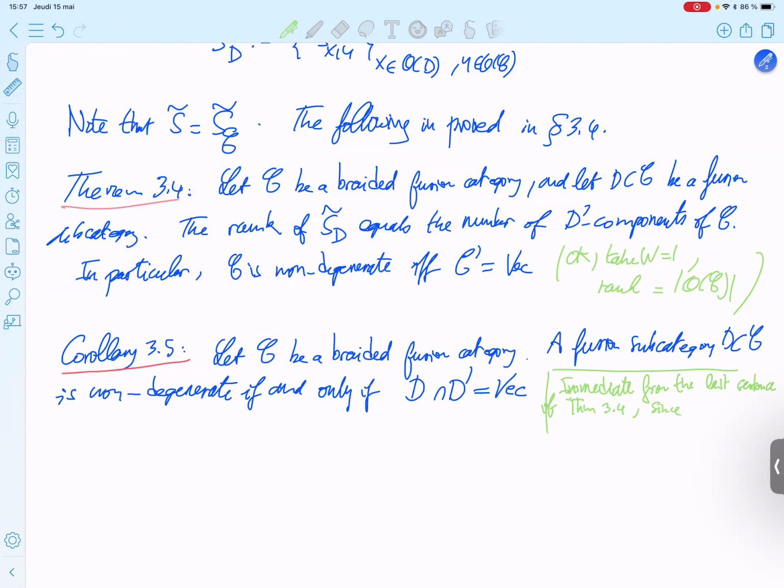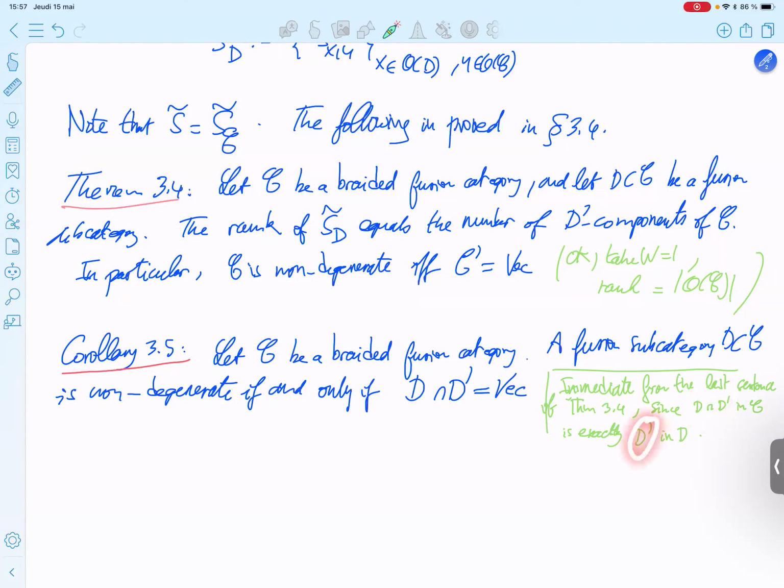Because D intersection D prime in C, this fusion subcategory, is exactly the intersection of D with its centralizer as a subcategory of C, which is exactly the centralizer of D in D. So if you consider the centralizer of D in D, this is exactly this intersection. I hope I am not confusing.